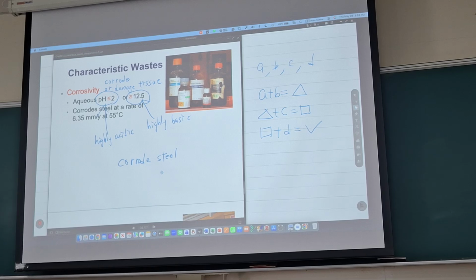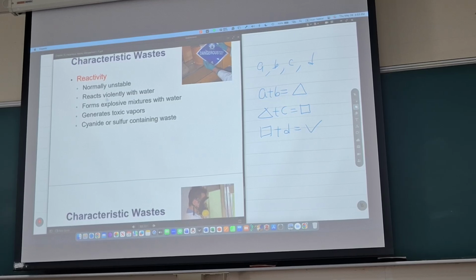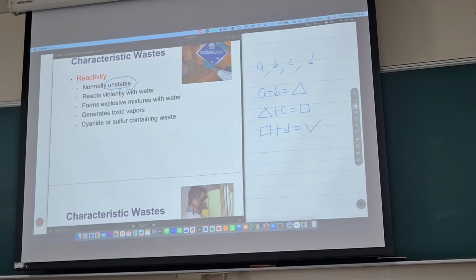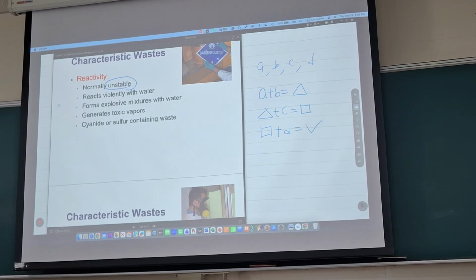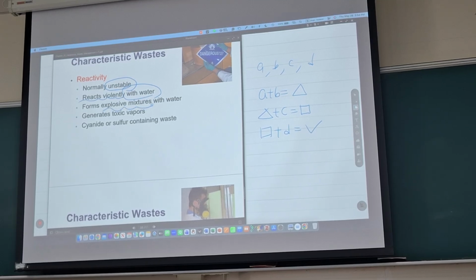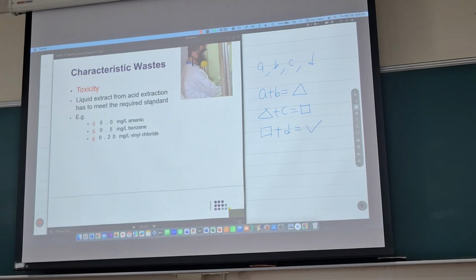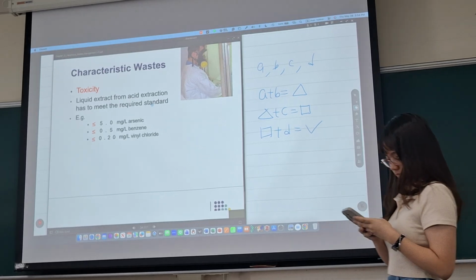Okay? Reactivity. Reactivity means this kind of chemical is very chemically unstable. They might react violently with water, might explode, might form explosive materials. Toxicity.